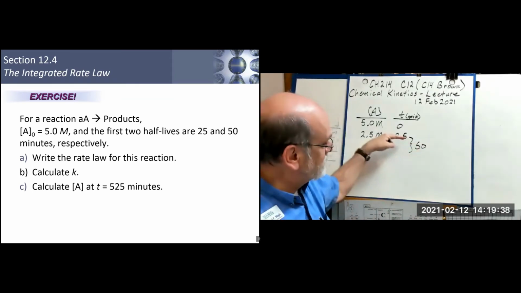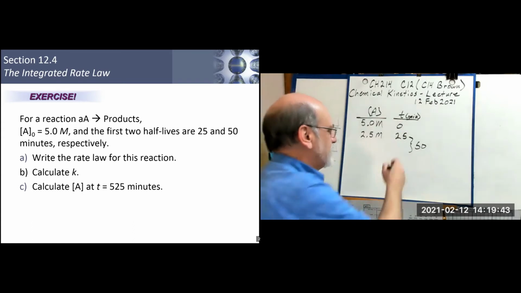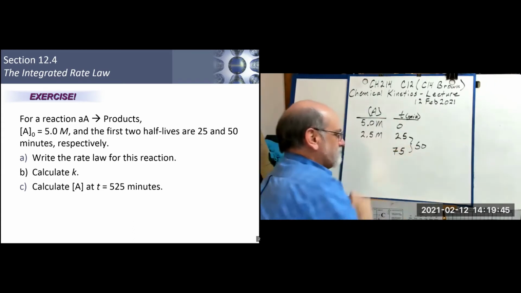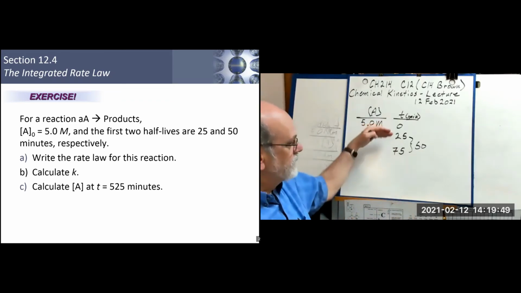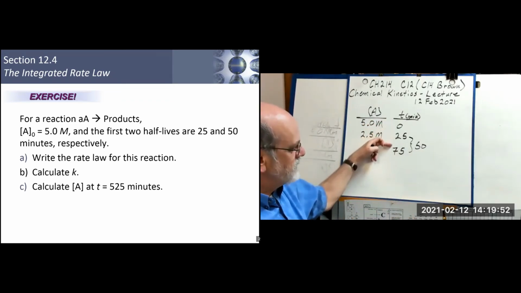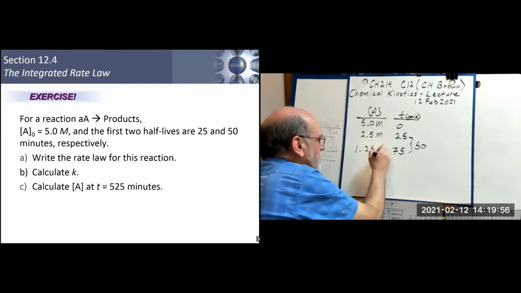That length of time from here to here is 50 minutes. So what is T? 75 minutes. Okay, so at 75 minutes, we have another half-life, right? 50 minutes here. And now this is 1.25 molar.